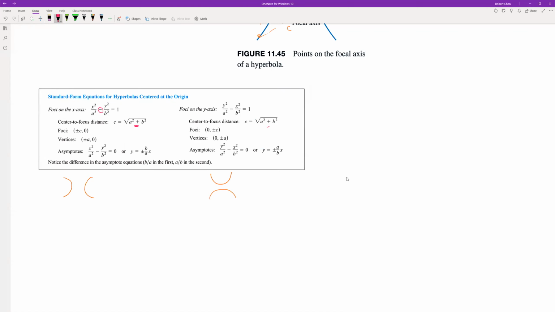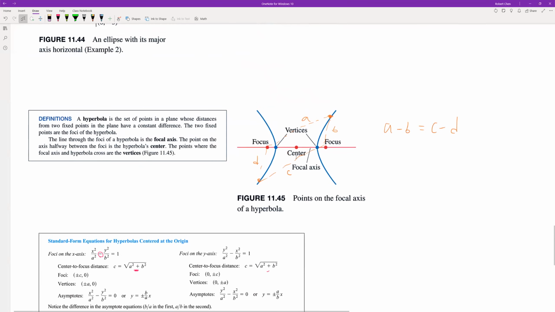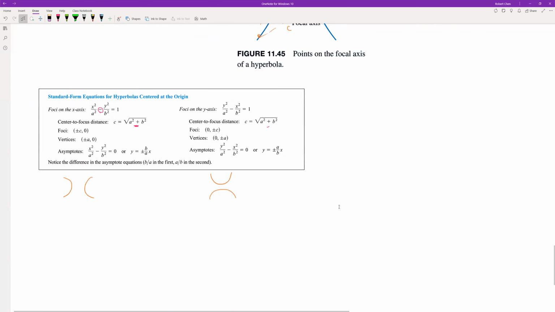In this case, we don't have the semi-minor axis, so we don't have to worry about it. Asymptotes: x squared over a squared minus y squared over b squared is equal to 0, or y is equal to plus or minus b over a x. We'll talk about that when we look at an example.